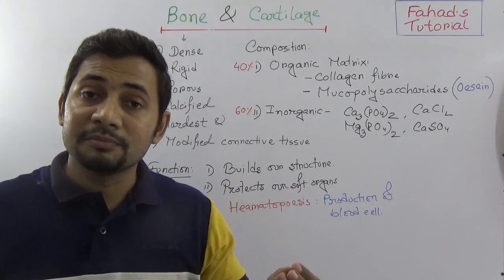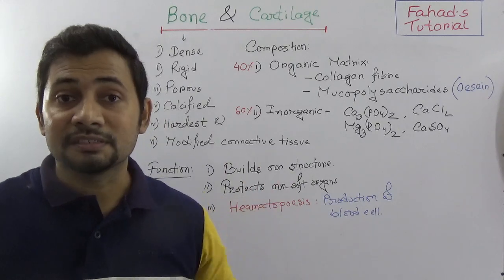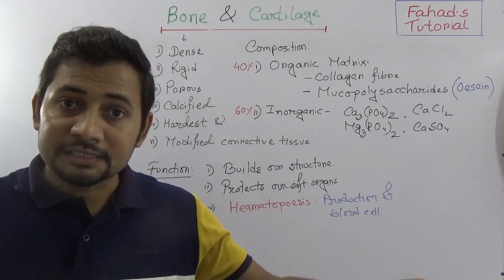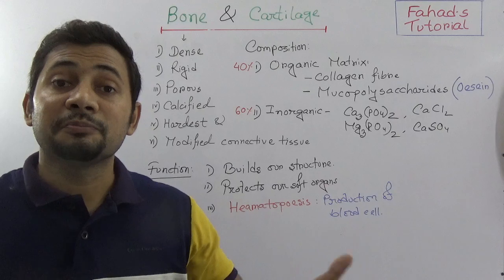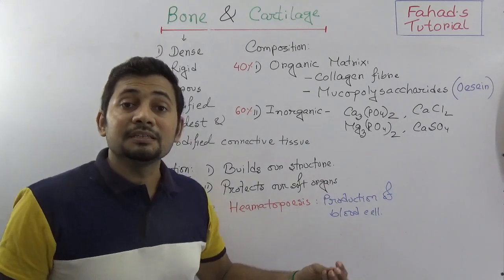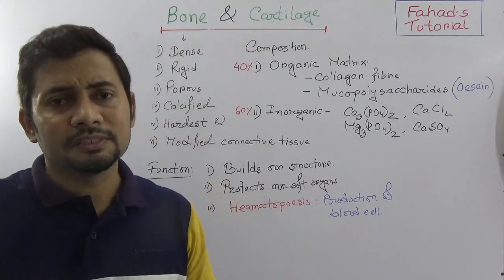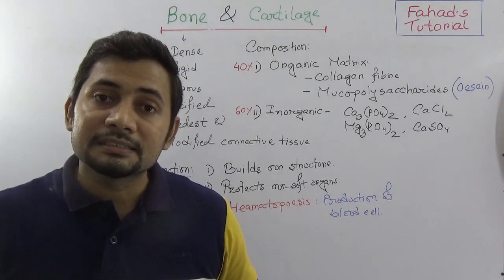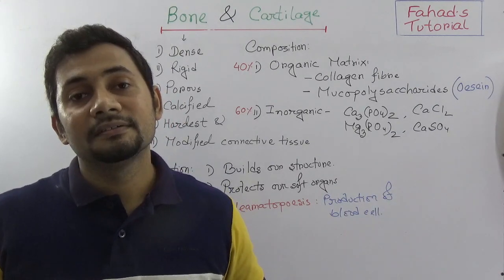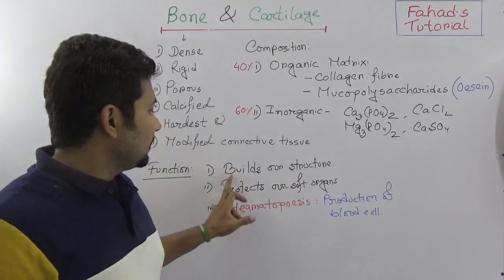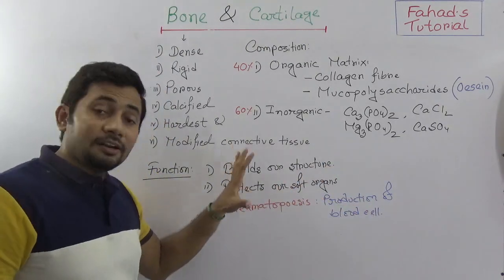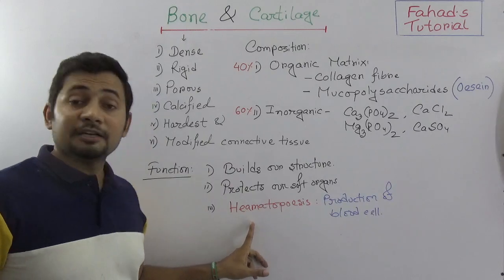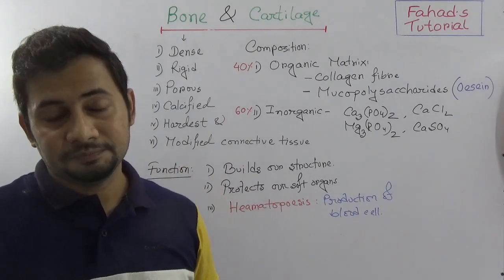When red bone marrow produces the blood cells, that is called hematopoiesis. Poiesis means production, and hemato, you know, means blood. There are a lot of other functions, but hematopoiesis is one of the main ones.